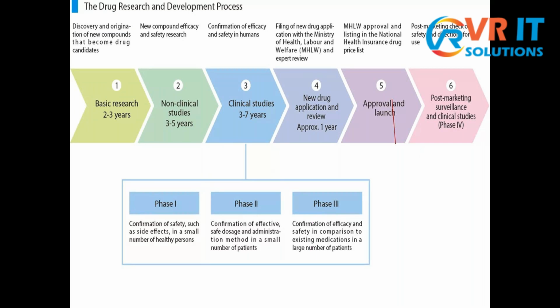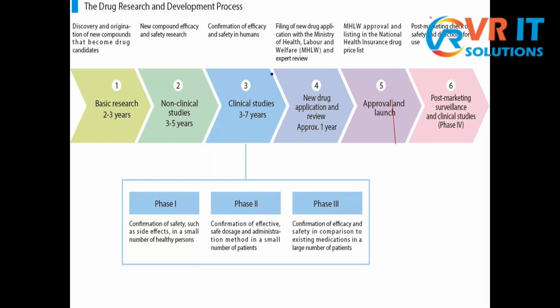Clinical trials are very lengthy because human lives are involved. We cannot overnight create a drug and distribute it to everyone. It might cause a lot of adverse events, serious adverse events, and might not be efficient, so everything must be checked before releasing into the market.